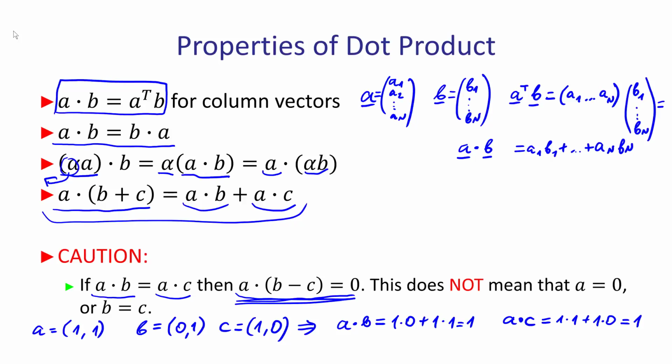You can also check that A dot B minus C: the first element is 0 minus 1, so minus 1, multiplied by 1, plus 1 multiplied by the second element of B minus C, which is 1 minus 0, so it's 1. Totally it gives us minus 1 plus 1, which is 0. So that works, but clearly A is not 0 and B is not equal to C.